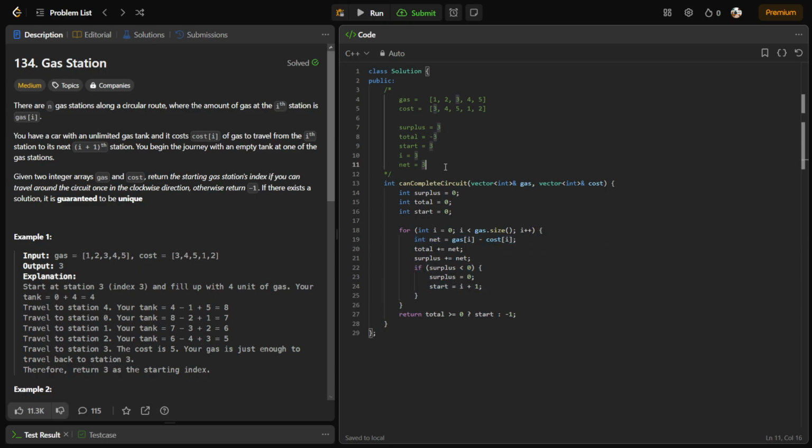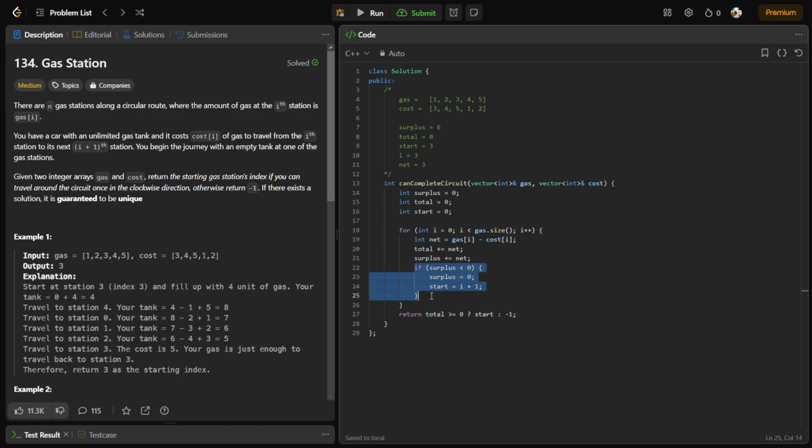We calculate the net again. This time it is 5 minus 2, which gives us 3 as well. Total plus equals net, so this gives us a total of 0. Surplus plus equals net, so this gives us another 3, which is 6.